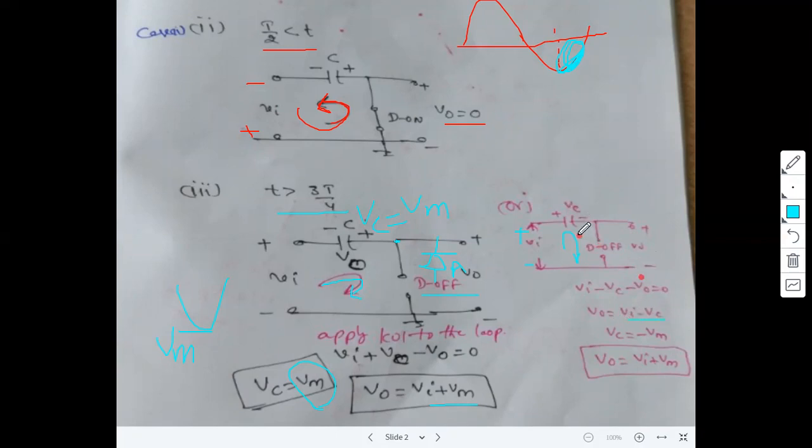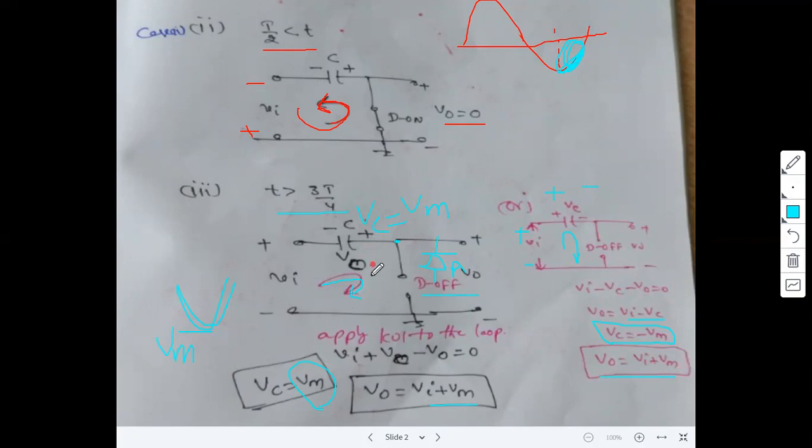Here the capacitor is already charged to minus Vm. Substituting Vc is equal to minus Vm, finally Vo is equal to Vi plus Vm only.